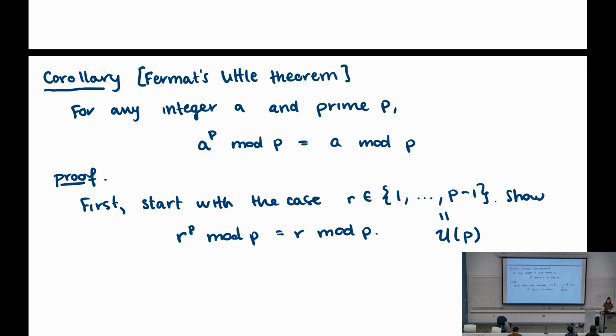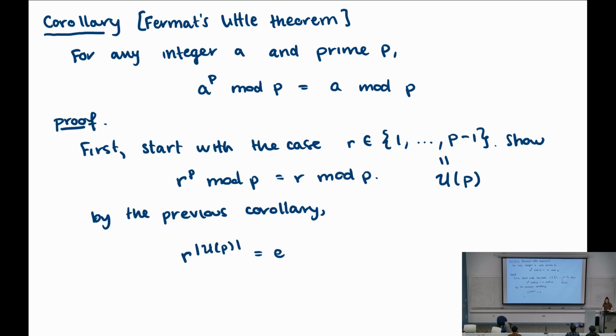So by the previous corollary, we have that if we raise any element of U(p) to the size of U(p), then we get the identity.